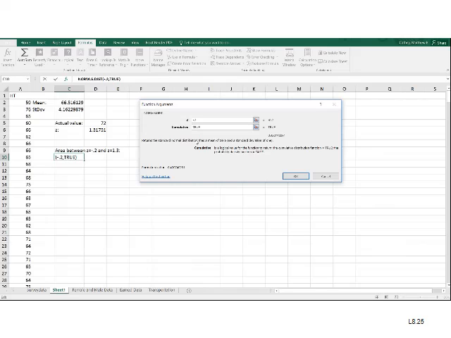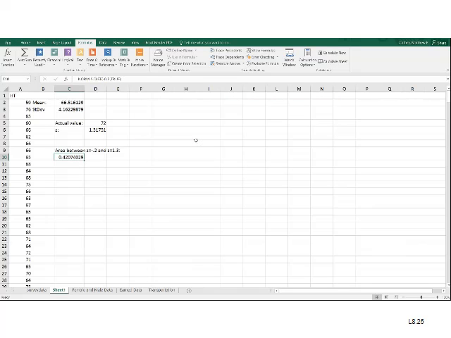So I'll type in TRUE in all caps. When I hit enter, what gets reported is the area to the left of z equals negative 0.2. That's not the area we want. We want the area between negative 0.2 and 1.3.